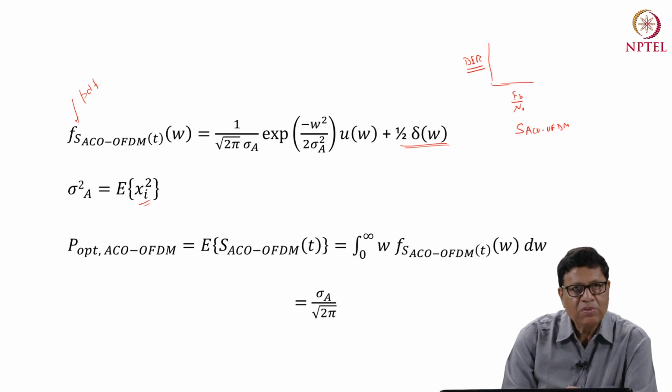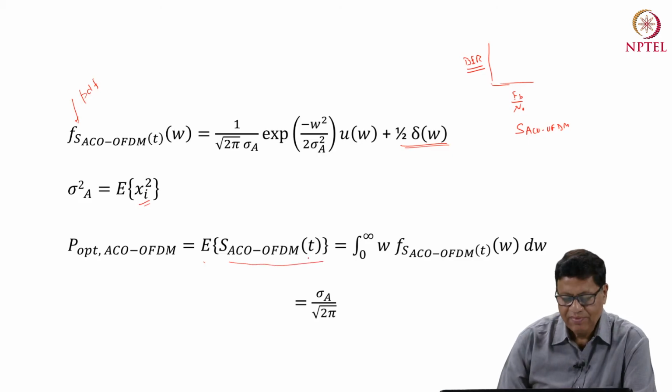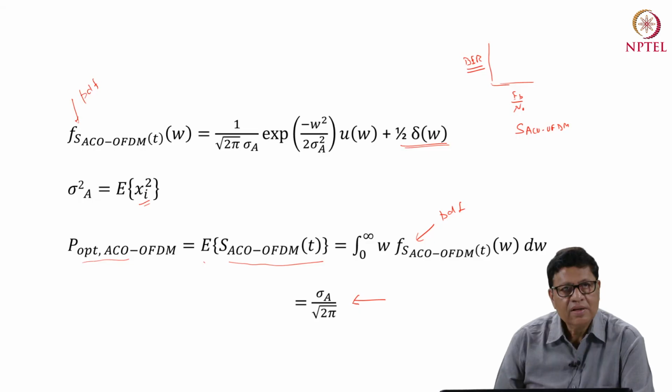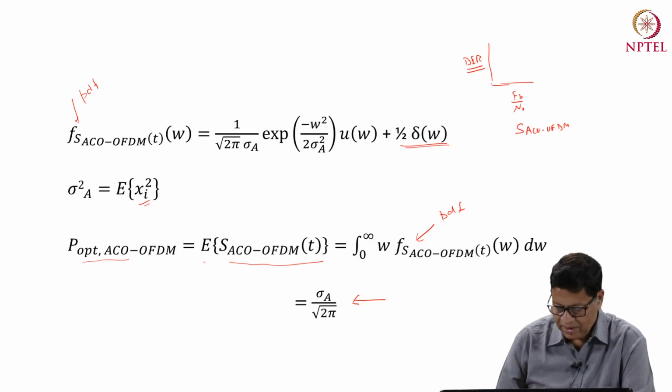So if I want to calculate the optical power, which is actually proportional to the amplitude when you give it to the LED, then taking the expected value of the ACO-OFDM signal will give me the optical power of the ACO-OFDM. So this expected value will be x into the PDF, and if you plug in these values, what you get is sigma A divided by root pi.